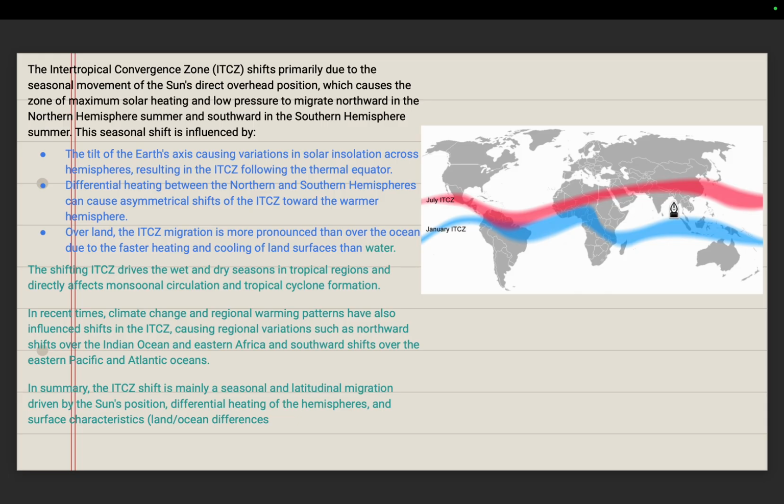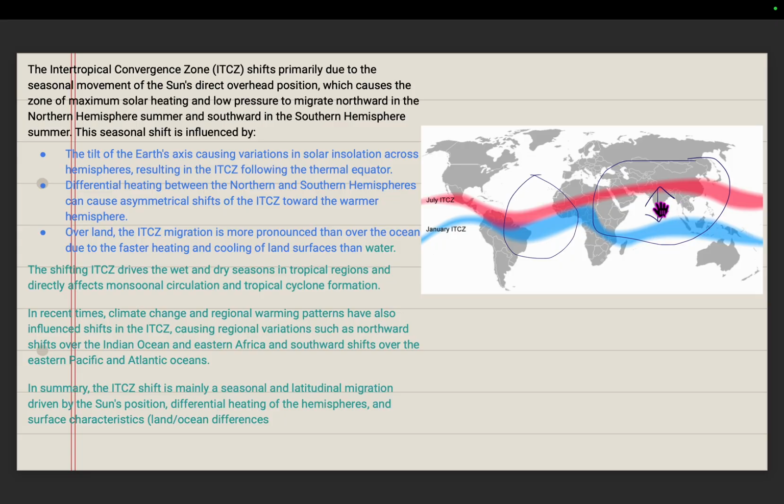When there is northern summer, it will be towards 23.5 degrees, and in January it will shift here. You can see that this shift is very high here over land.